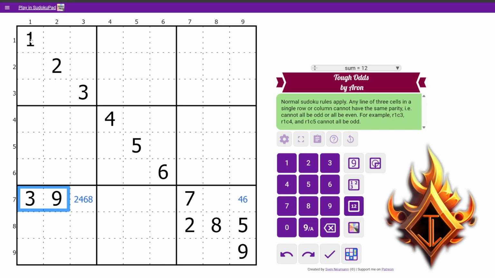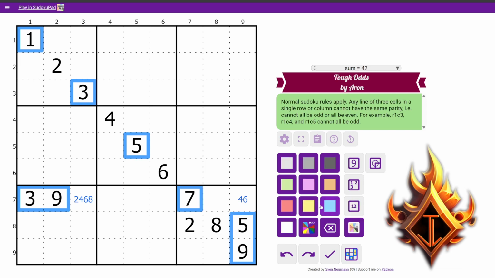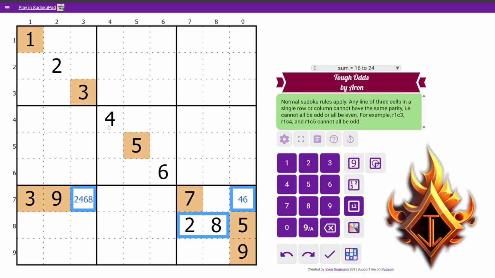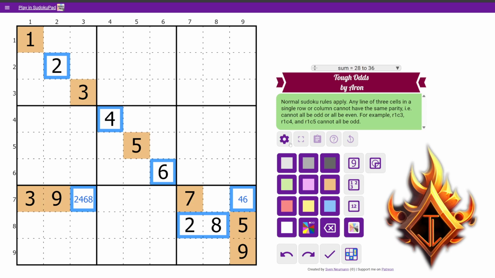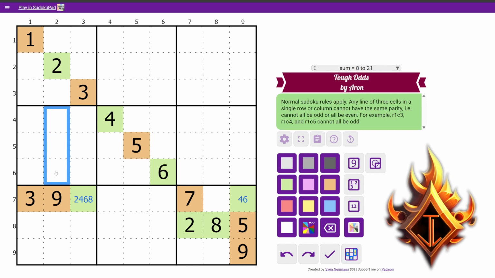Let me just mark the odds. I'll go ahead and mark the evens as well. So, and we'll do some Sudoku.